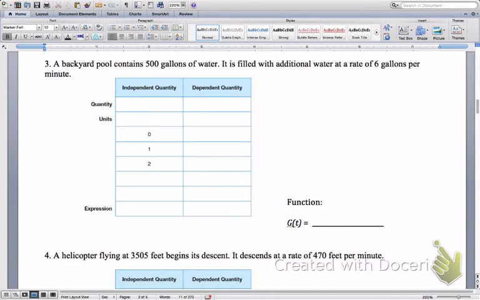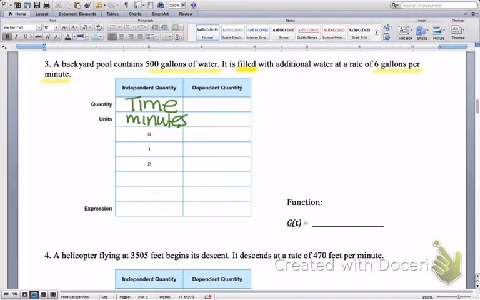So a backyard pool contains 500 gallons of water. And it's filled, so we're putting more water into the pool at a rate of 6 gallons per minute. So in this case, what do we have going for us? So this time we have quantity. Our independent quantity, again, is time, and we're still in minutes.